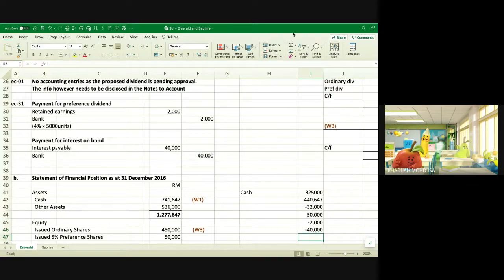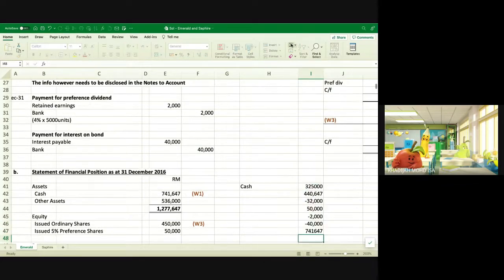So what would be your total cash? It is 741,647. So that's how you get your balance of your bank.